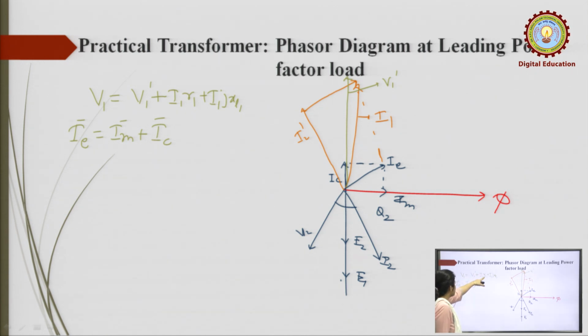So, add this I1 R1 and I1 jXL1 to the V1 dash.